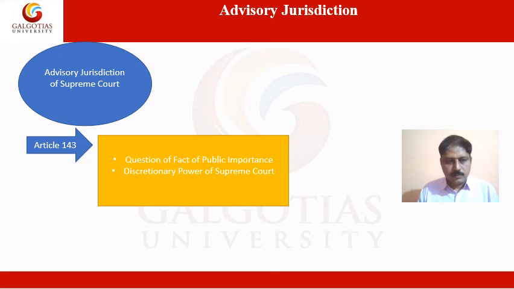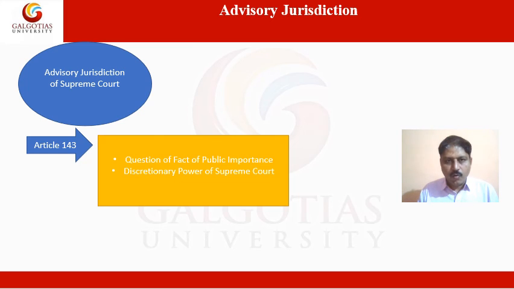In clause 1 of Article 143, it may be noted that the word "may" has been used. This word indicates that it is not obligatory on the Supreme Court to make a report on the reference made to it. In other words, the power of the Supreme Court to give its advice is discretionary in nature.